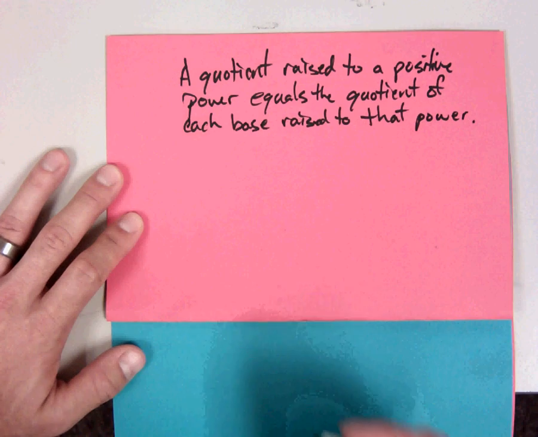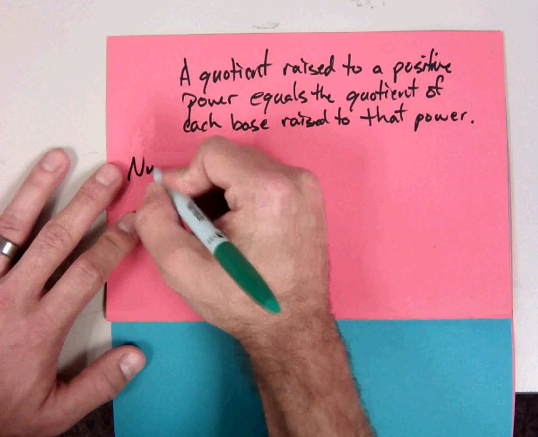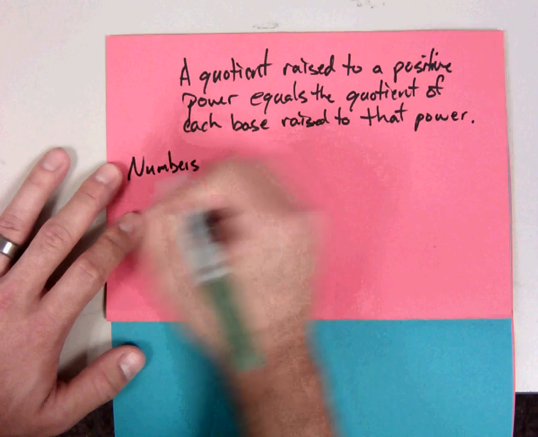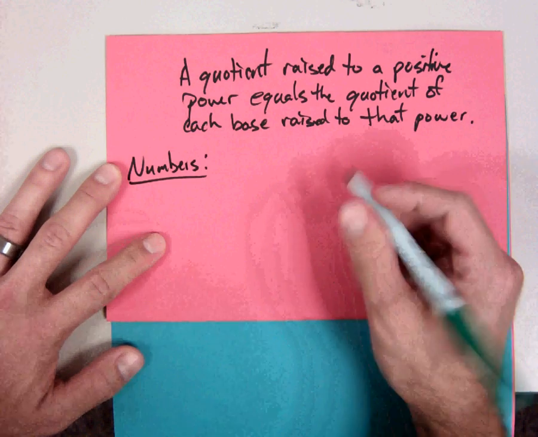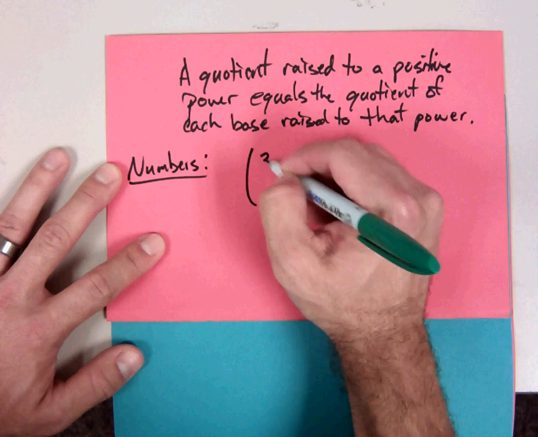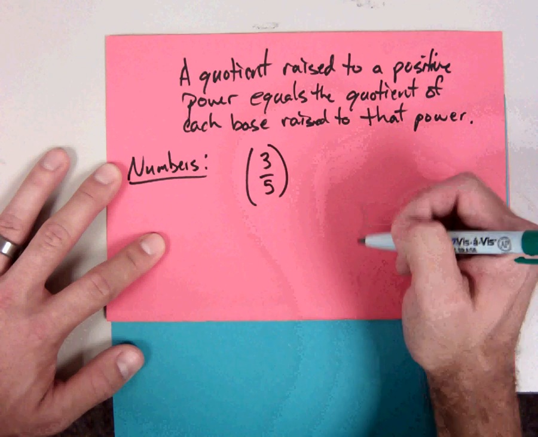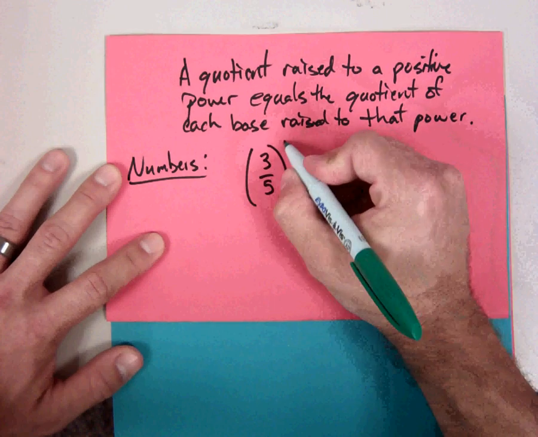So let's see what this is going to look like. All right, first in numbers. Let's say we had a quotient such as 3/5, or 3 divided by 5, and it was raised to the 4th power.